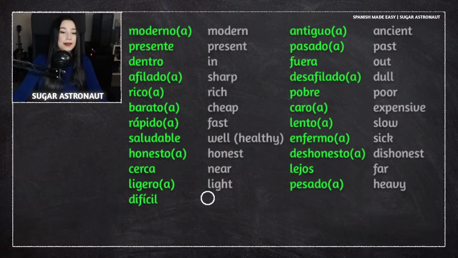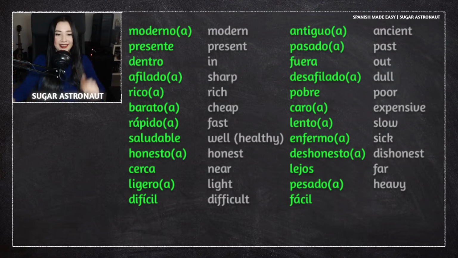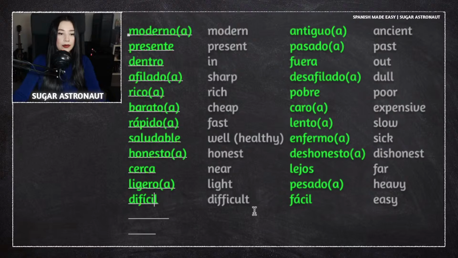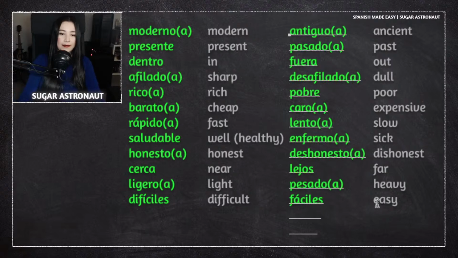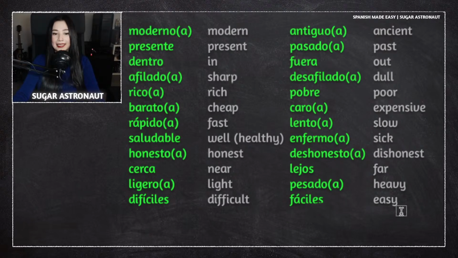Difícil. Difícil means difficult. And the opposite is fácil. Fácil means easy. Okay? Difícil, fácil. And they don't change. They stay the same, but they can be plural. If they're plural, then you have to add not an S, you add the letters E and S. Difíciles, fáciles.